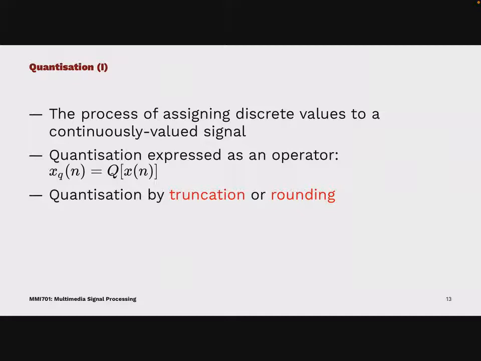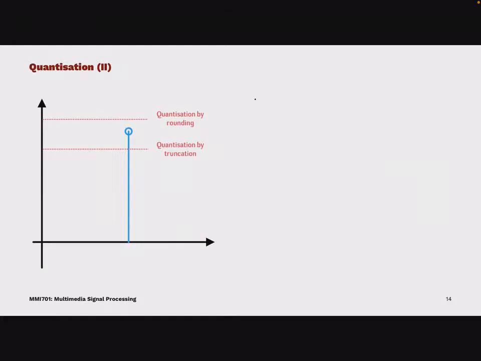So quantization can be expressed as an operator operating typically on the discrete time signal, x of n, and you can have two different versions of quantization: quantization by truncation or quantization by rounding. So what do we mean then? Quantization by rounding, quantization by truncation.